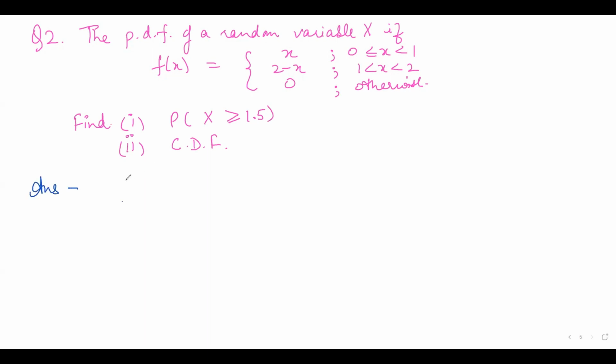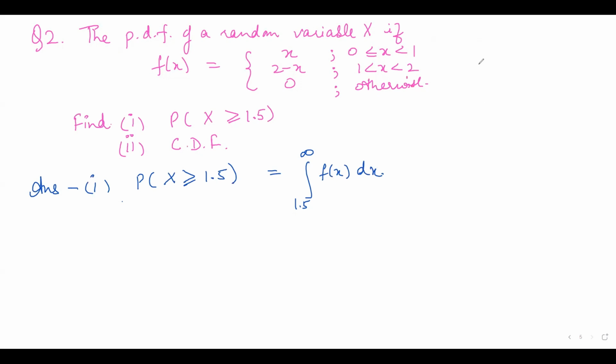In this, the fx, that is the PDF, probability density function, is given to us. So we could easily find the value of the first part, that is the probability of x greater than or equal to 1.5. This would be equal to the integral from 1.5 to infinity of fx dx.